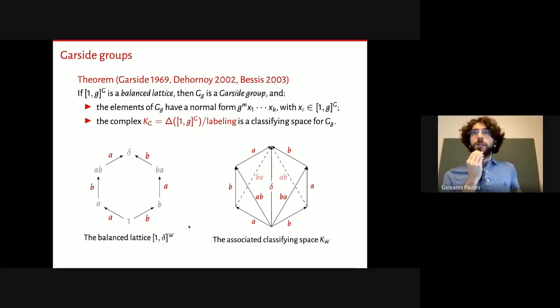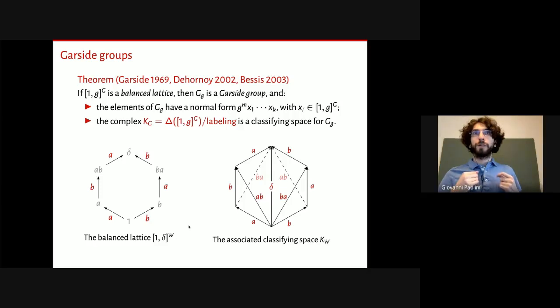Okay, and so basically this theorem is one way to understand Deligne's proof of the K-pi1 conjecture for spherical Artin groups, because you can do this construction for any finite Coxeter group, and everything works well.